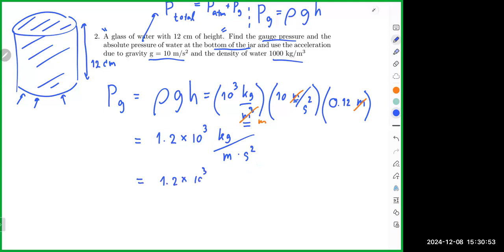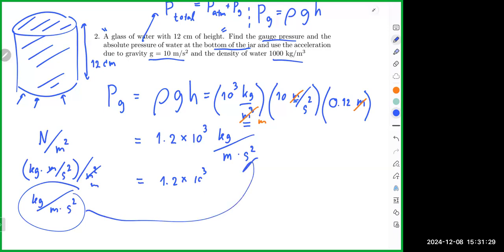If you want Pascal, which means that you need Newton per meter square, right? And Newton per meter square is kilogram meter per second square by meter square. So it would become kilogram per meter second square, which is the same as this one.